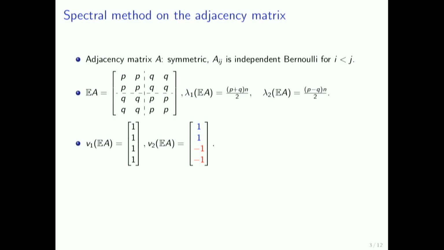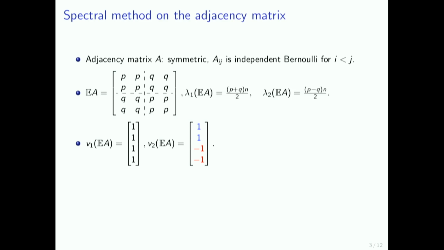It is quite intuitive because we observe an adjacency matrix according to this stochastic block model, which is a Bernoulli random matrix. If we just compute the expectation, it's a rank 2 matrix, and you can compute the first and second eigenvalues of the expectation matrix. This gives you some average degree information. The first eigenvector is all 1, but the second eigenvector will tell you exactly which community each vertex lies in.